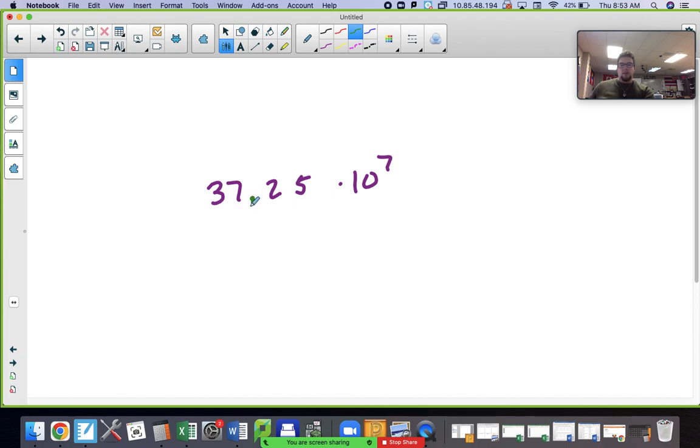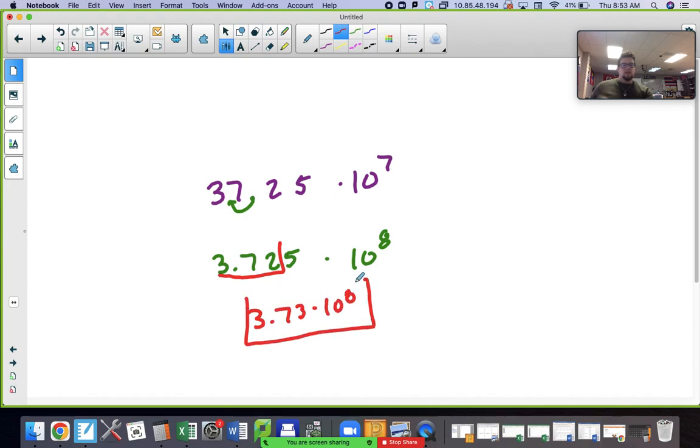We have to grab that decimal. It needs to be right here. We just made this number 10 times smaller, so our power of 10 goes larger. We then only keep 2 decimal places, so that 5 causes the 2 to round up, and this would be the final answer, if you arrived at this part.